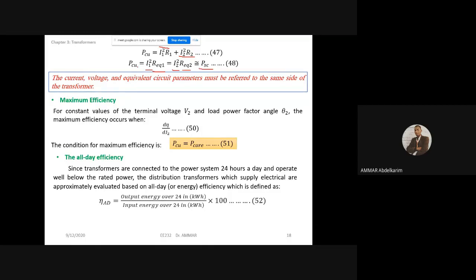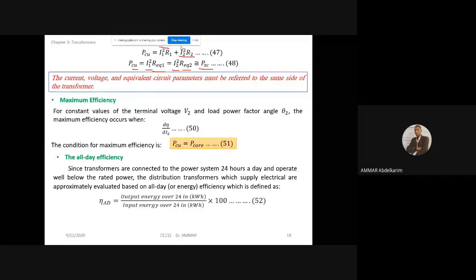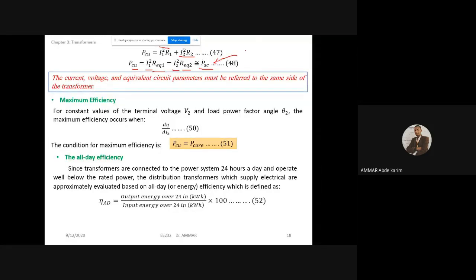So the short circuit power is almost the copper losses. Why? We are neglecting the core losses in the case of a short circuit test. We said the effect of the core is almost neglected in the short circuit test. So the copper losses are calculated in the short circuit test, and P copper is taken equal to P short circuit.